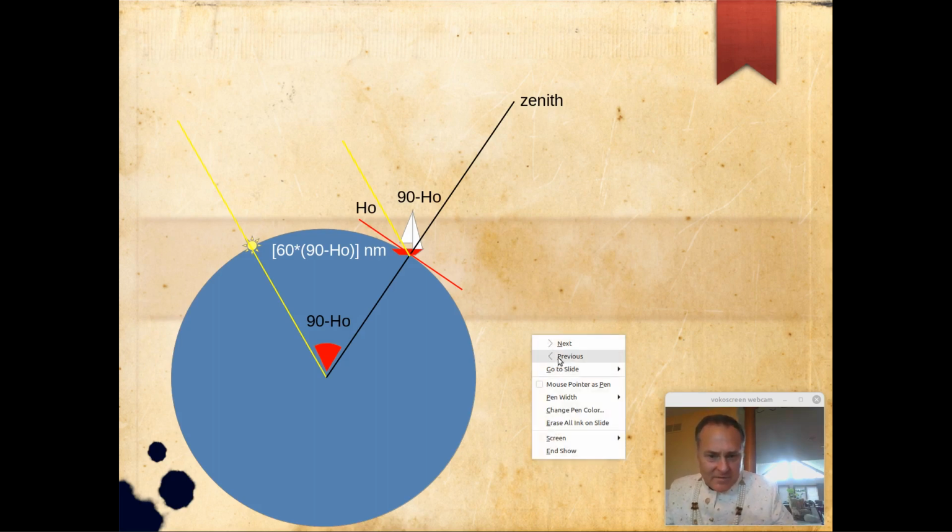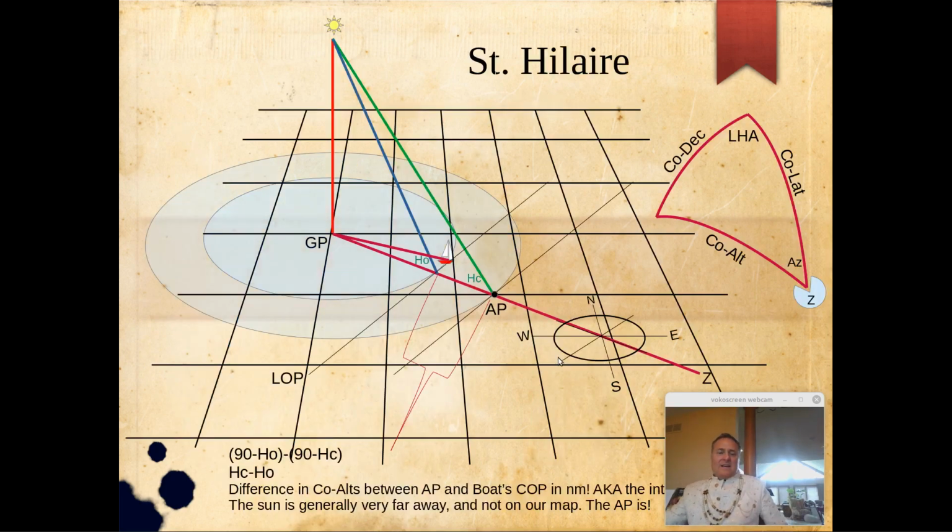Now, I want you to see that, actually I'm going to back up previous. So I want you to see that even though the intersection, the tangent point of this line of position, by moving this black line a certain number of nautical miles, being the difference between observed altitude and calculated altitude, in this direction until the first tangent line kissing the big circle now kisses the small circle, that's not actually the position of the boat, but the boat is on the circle of position here, but it's also sensibly on this line of position, because we're talking about a circle that is potentially thousands of miles in diameter.